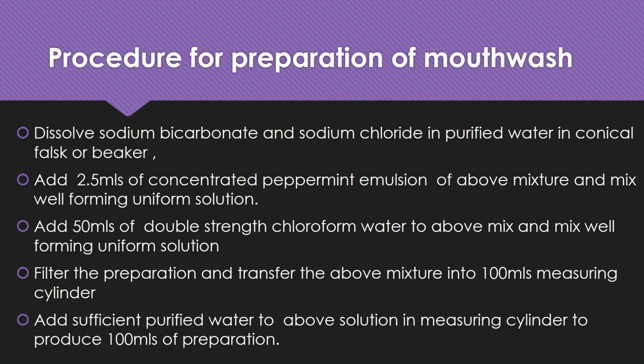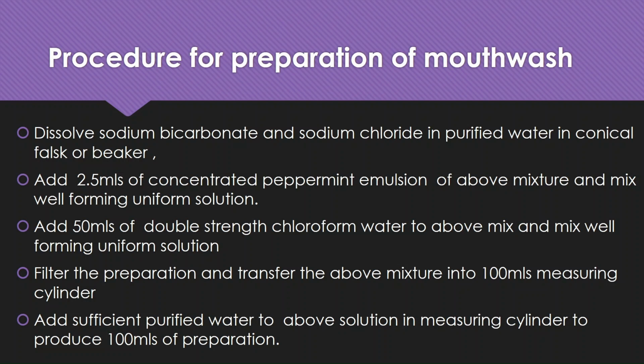After we have formed the uniform solution, we can as well dissolve sodium chloride in a separate conical flask, transfer it to a conical flask, and then add purified water to it and shake. And then after we have done that, we have formed a uniform mixture of sodium bicarbonate, and we have formed a uniform mixture of sodium chloride.